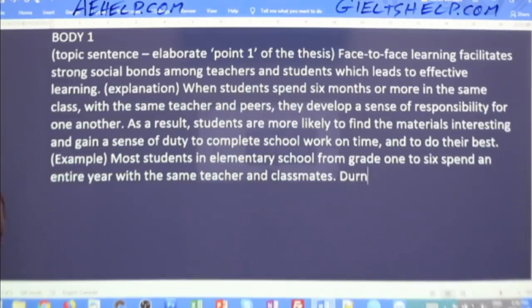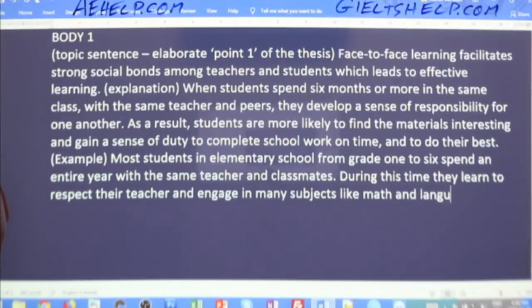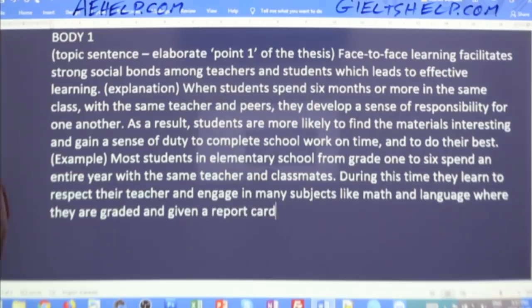During this time, they learn to respect their teacher and engage in many subjects like math and language study or languages, and language where they are graded and given a report card.